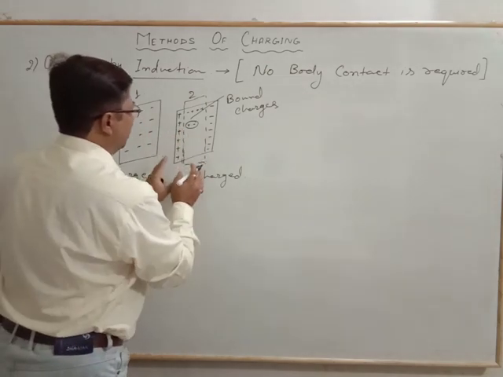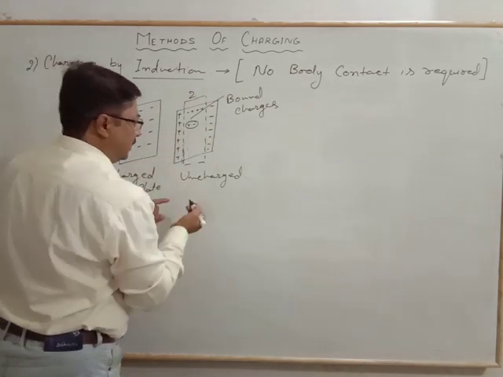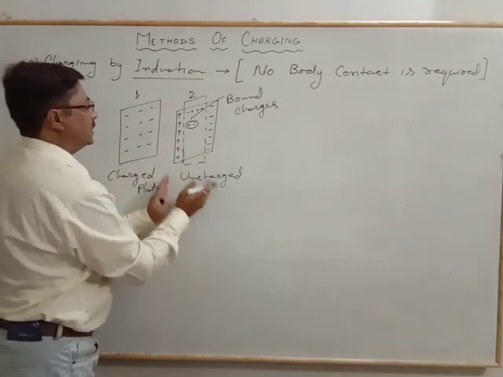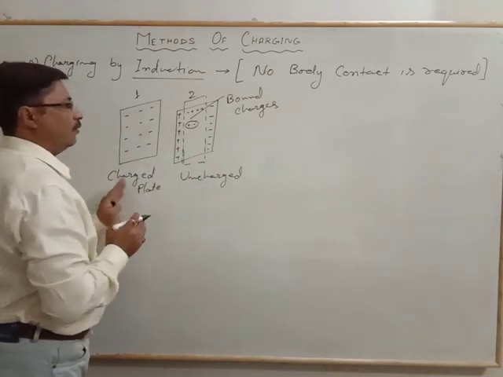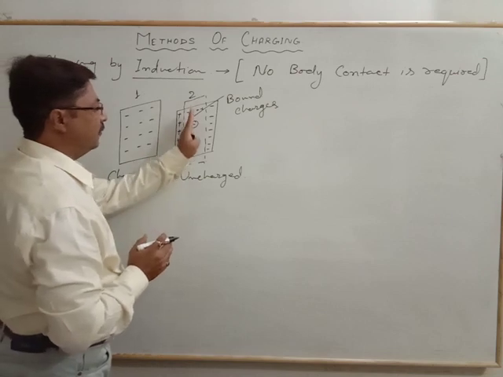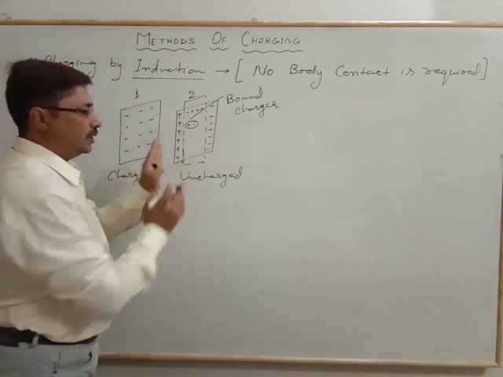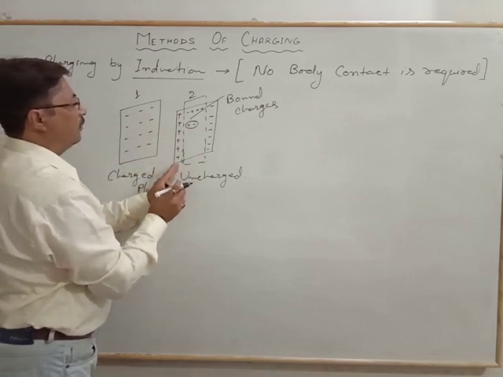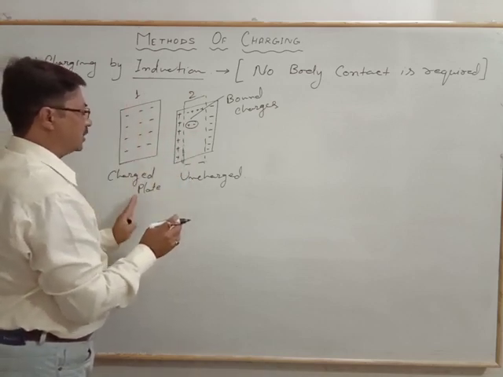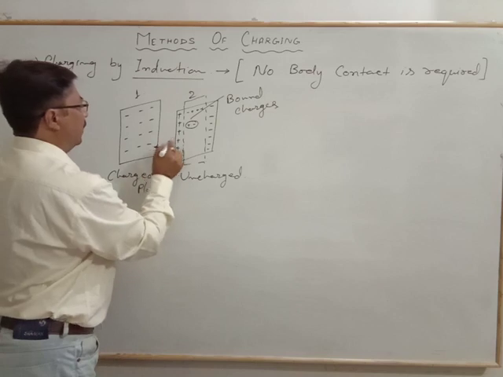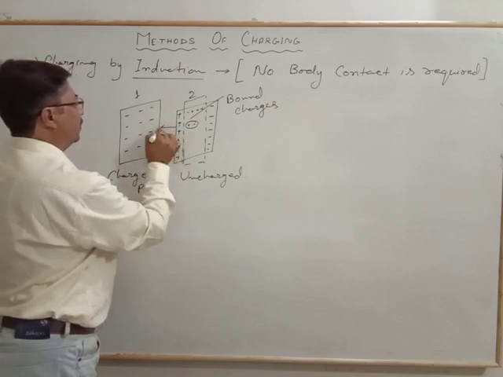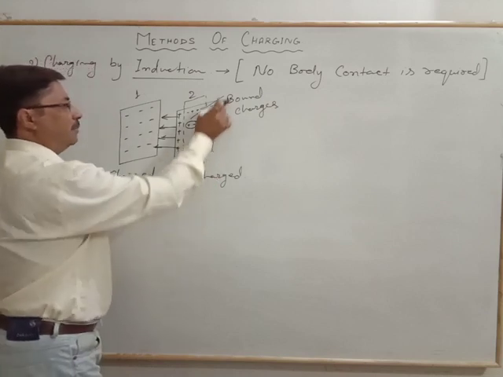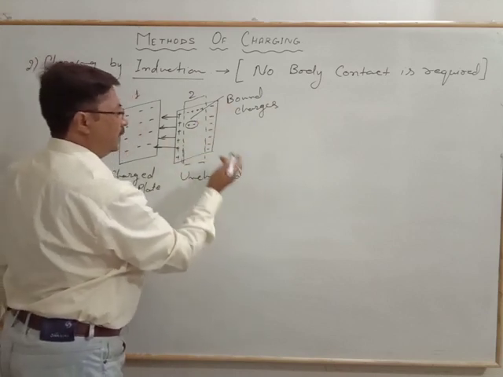So what we observe here: in the first step, we bring the uncharged plate nearby the charged one. We find that some of the bound charge will dissociate and charge will develop opposite to that of the charged plate, an attraction of the positive with the negative, and the negative charge will develop on the opposite side.